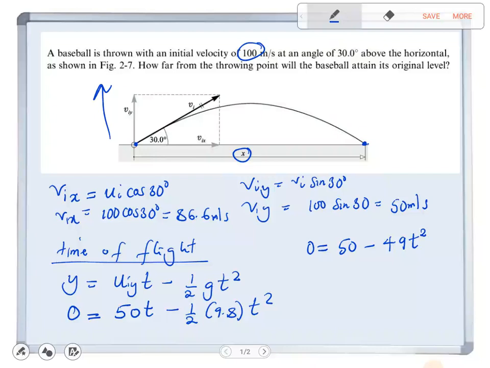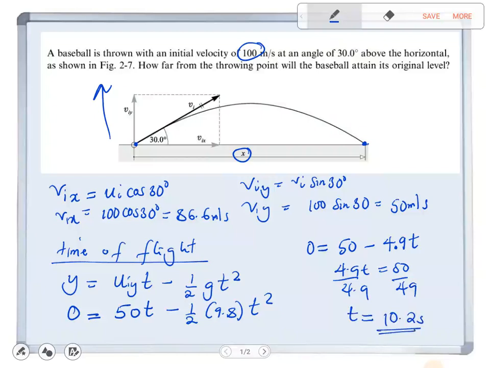So the 4.9 t goes to the other side, giving t equal to 50 over 4.9. I'm getting 10.2, so just give it as 10.2 seconds.